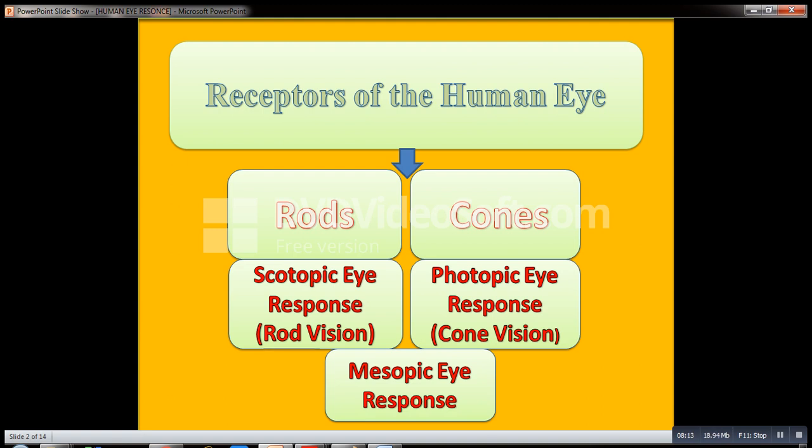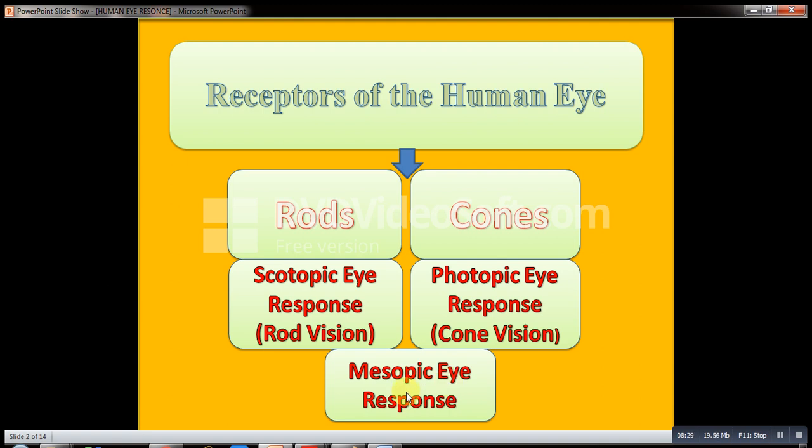Thus, between these two regions, the eye response is continuous. This region is called the mesopic eye response.